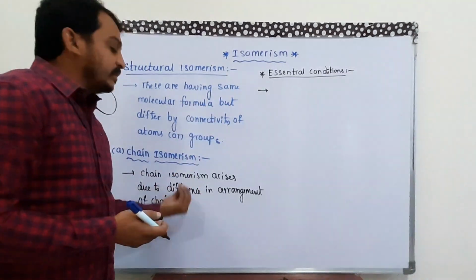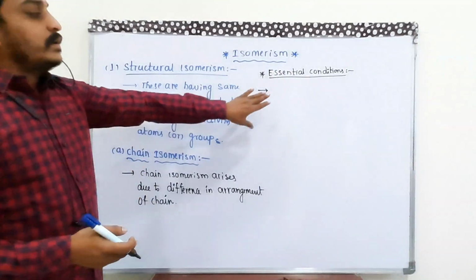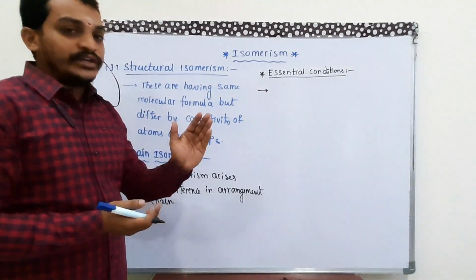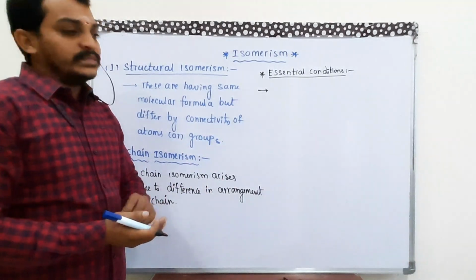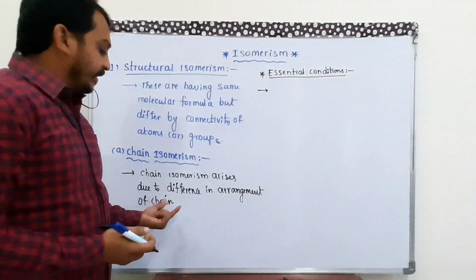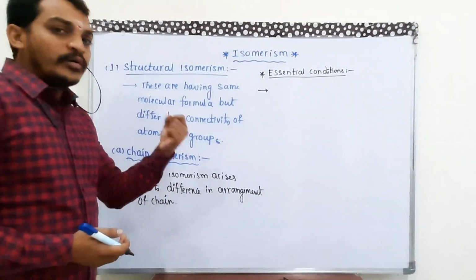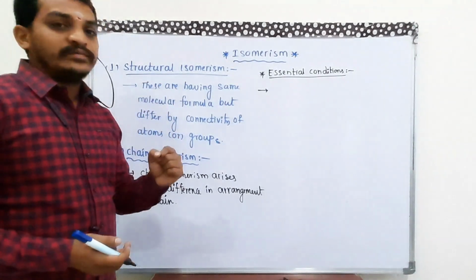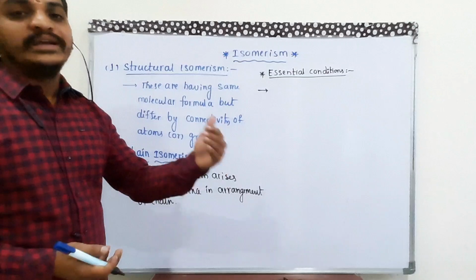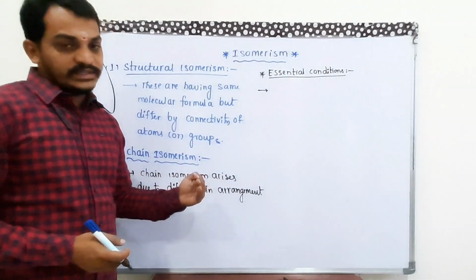Then the second condition: the main chain of the compound or the side chain or both must be changed. Chain isomers are found in compounds containing at least 3 carbon atoms, more than 3 carbon atoms. So these are the essential conditions for the chain isomerism.